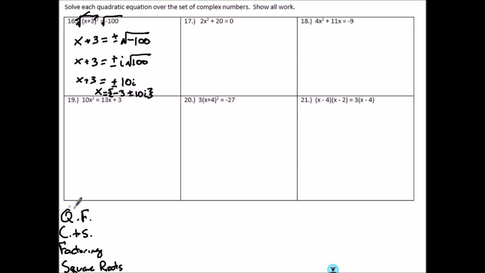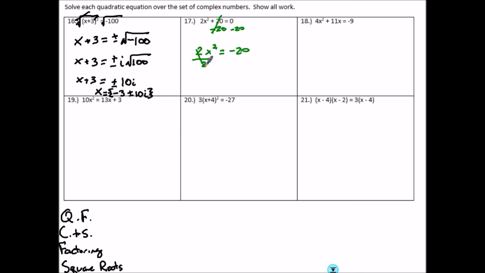For number 2, we could also use square root. I'm going to work with number 17 and number 20 now because I'm going to continue using square root. So I subtract 20 from both sides to start off number 17, and we're left with 2x² = -20.